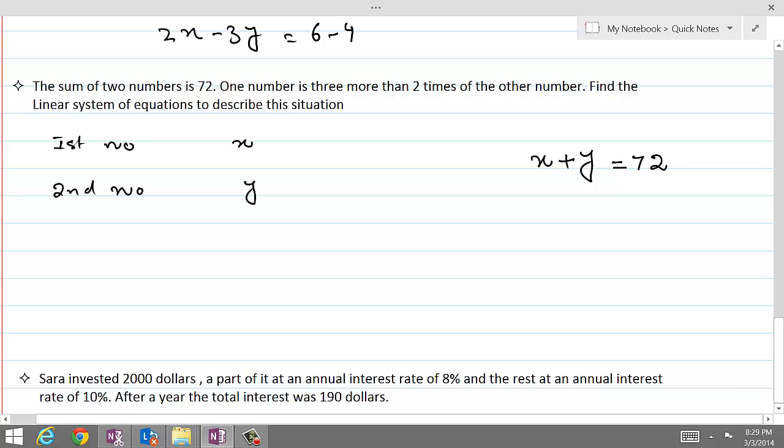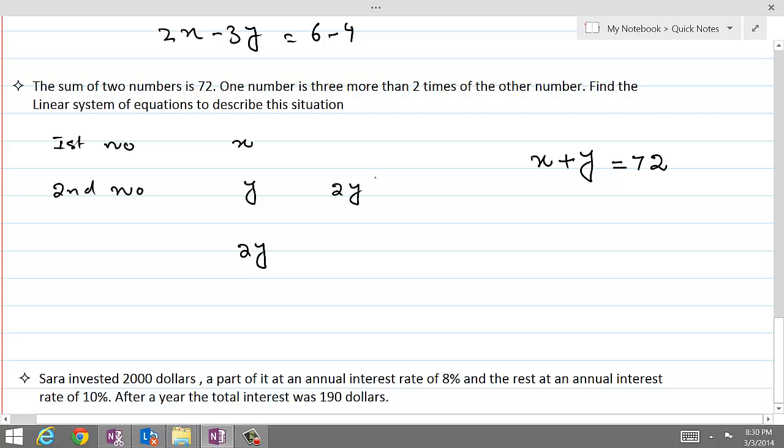One number is 3 more than 2 times of the other number. So what is 2 times of the other number? Let's call this y as the other number. So what would be its 2 times? Obviously, the 2 times of this number would be 2y. So here, let's write it down here, 2y here.